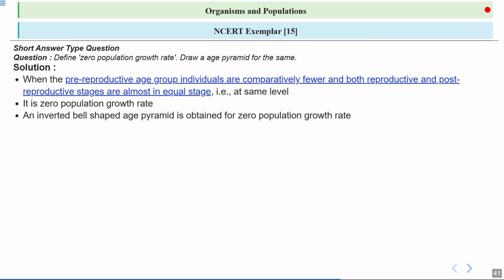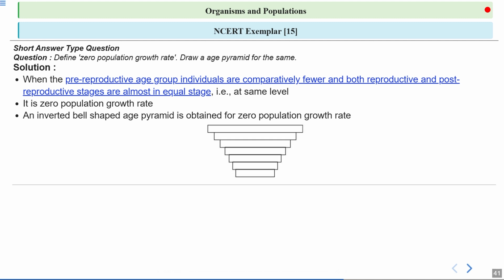So this shape visually represents a stable population where each generation is about the same size as the one before. So in this image, you can see how the age pyramid will look. Clear? So this is an age pyramid for the zero population growth rate.